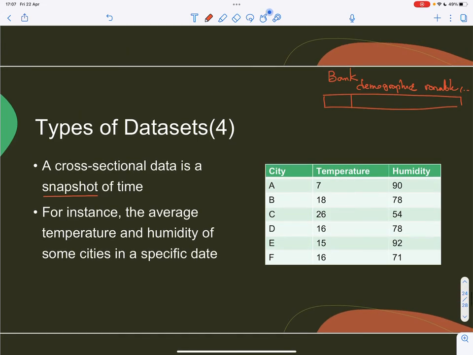So customer A joined on the 1st of January. The second customer joined on the 3rd of January. The third customer joined on the 10th of January. Still, this is cross-sectional data.